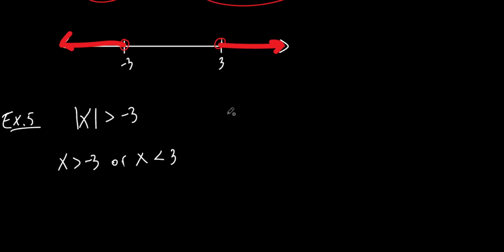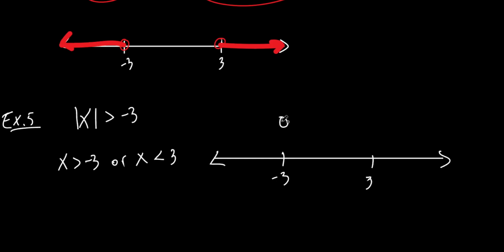There we go. So now let's think of this. Put a negative 3 here and a positive 3 here. We want to figure out all the numbers that are greater than negative 3.